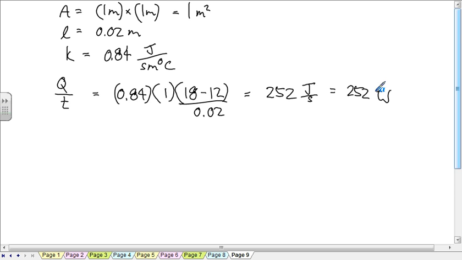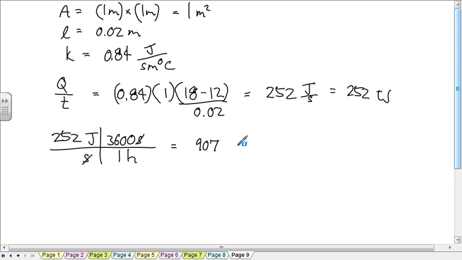And now we just have to convert this from joules per second to joules per hour. So 252 joules per second, where 3,600 seconds is 1 hour, and you get 907,200 joules per hour.